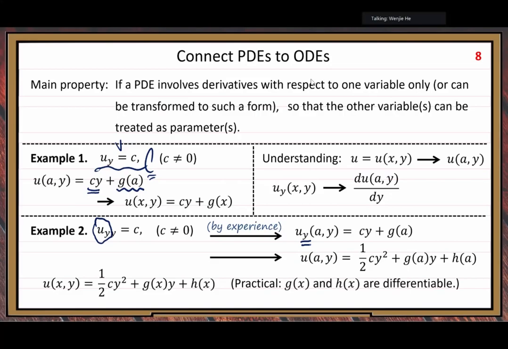But in a typical situation in the real world, we usually use certain good functions. We like to use g and h as differentiable functions. First, we consider differentiable functions.